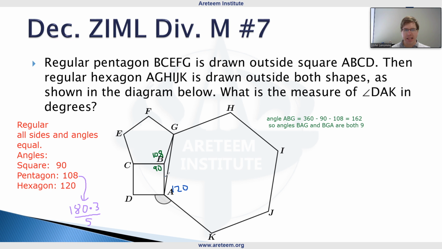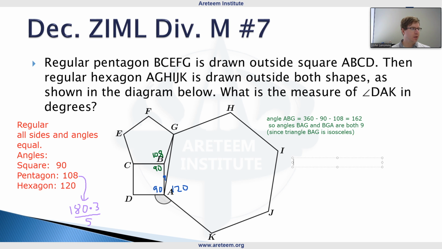We have then a 9-degree angle there. And then this is a 90-degree angle. And all of those have to add up to 360. And so then that gives us our approach for the final answer here, right?